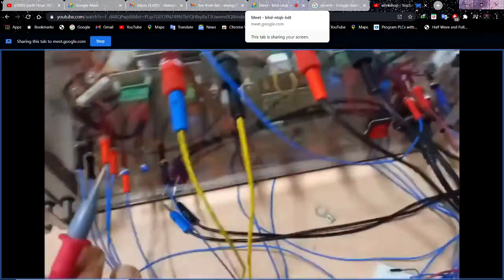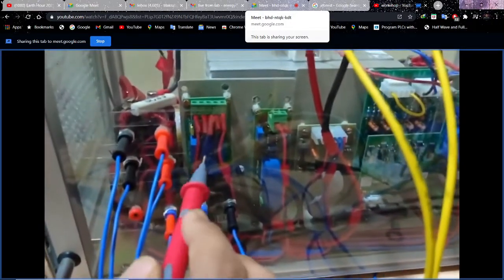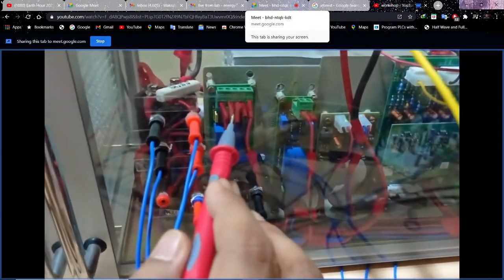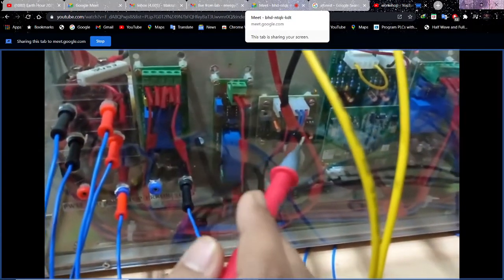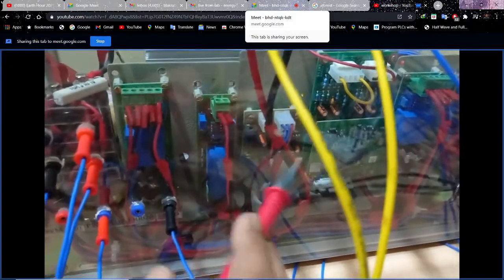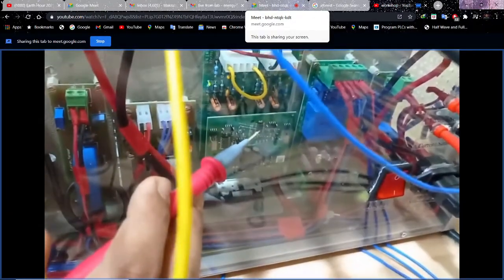Now coming back to the front side, as I have already explained earlier, this is the voltage sensor, this is the current sensor, and this is the gate driver circuit.